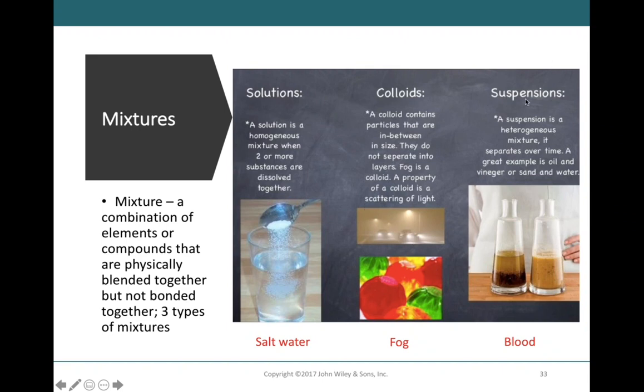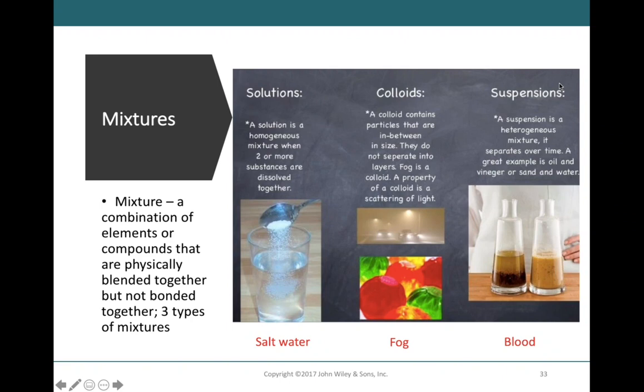Suspensions, on the other hand, are going to contain very large particles. And in fact, their particles are so large that they never truly fully mix together. They will separate over time. So blood is an example of a suspension. Blood's constituents are made up of plasma as well as red blood cells. And if you let blood sit out for long enough, the red blood cells are all going to sink towards the bottom.